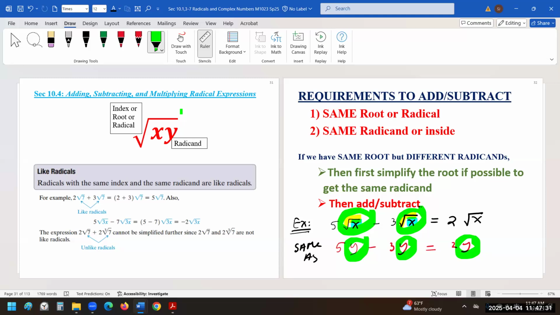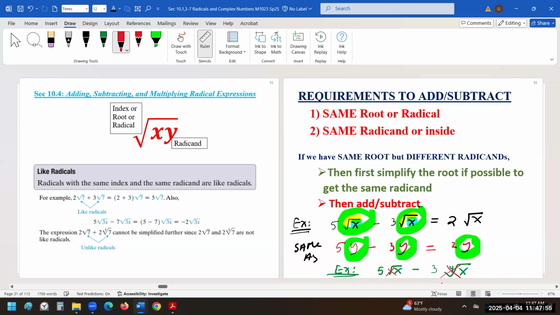For example, let me write this down here. Let's say you have 5 square root of x minus 3 fourth root of x. Do you have the same radical index?